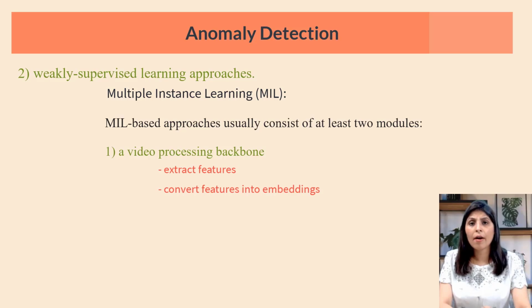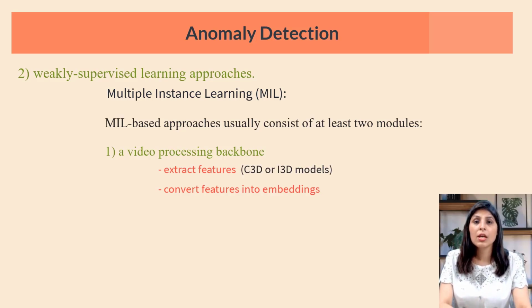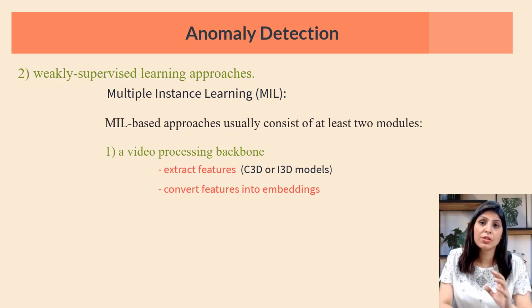Typically a 3D convolutional neural network such as C3D or I3D is utilized for extracting the features. Pre-trained models trained on large datasets are available, so we can use them to extract the features. After that, once you have the features extracted from the video, we convert those features into embeddings.